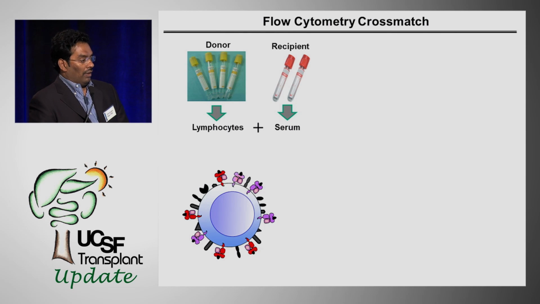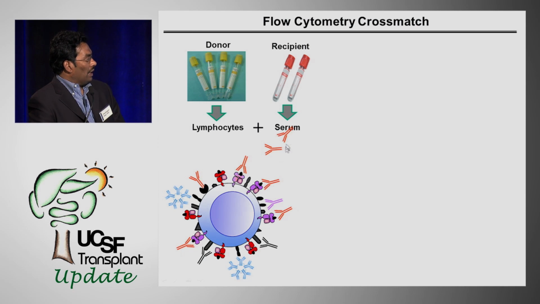So then people developed the flow cytometry cross-match, which is 30% more sensitive than the classical CDC cross-match. It's the same technique. You have the donor cells, then you add the serum and mix with them. If the serum has HLA antibodies that bind to the donor-specific cells, then you add, instead of complement, a secondary antibody that is specific to the HLA IgG antibodies.